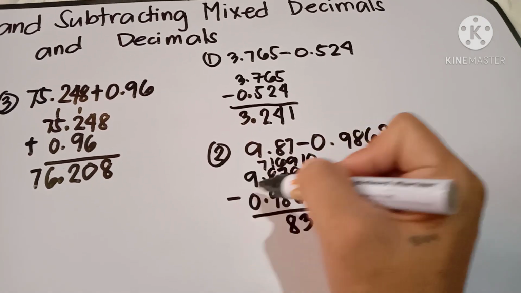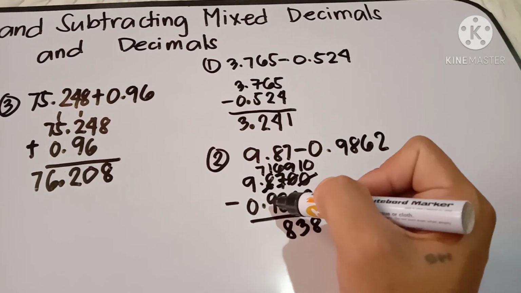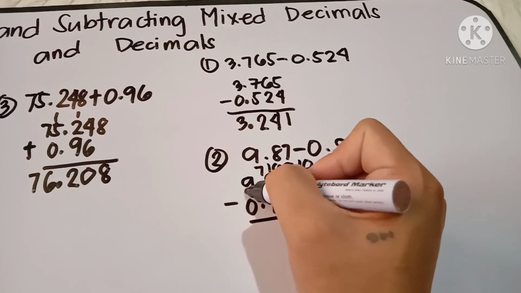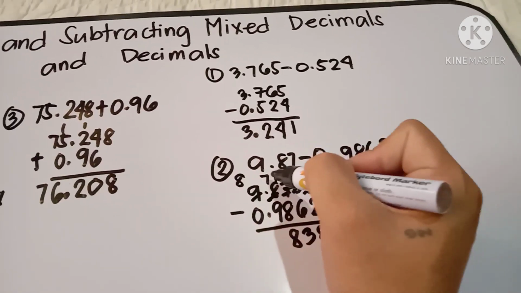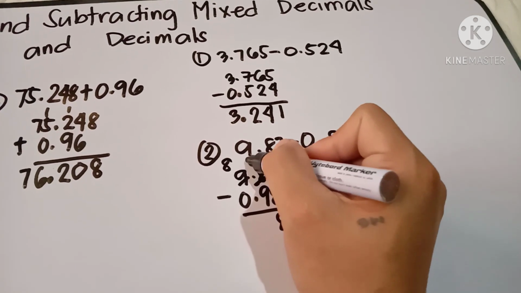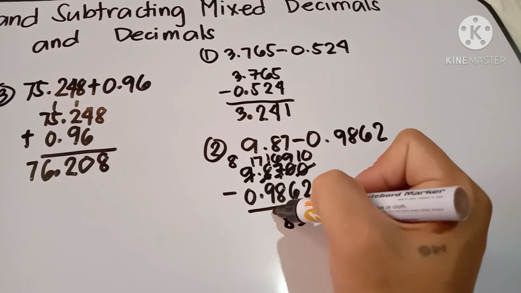Next, 7 minus 9 cannot be. So we cannot subtract 9 from 7. So again, we are going to regroup. So 9 will become 8. And we are going to add 10 to 7. So 10 plus 7, that is equal to 17. 17 minus 9, that is equal to 8.